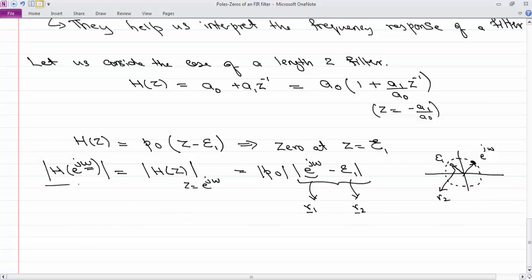So what is the expression for the magnitude response at frequency little omega telling you? It is telling you that you are looking at the vector R1 minus R2 and you are looking at the length of that subtracted vector, right? So you are subtracting just two vectors, right? The length of that vector is this one.